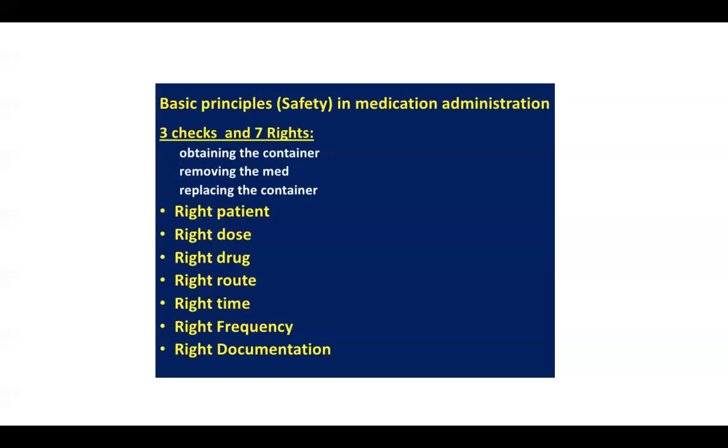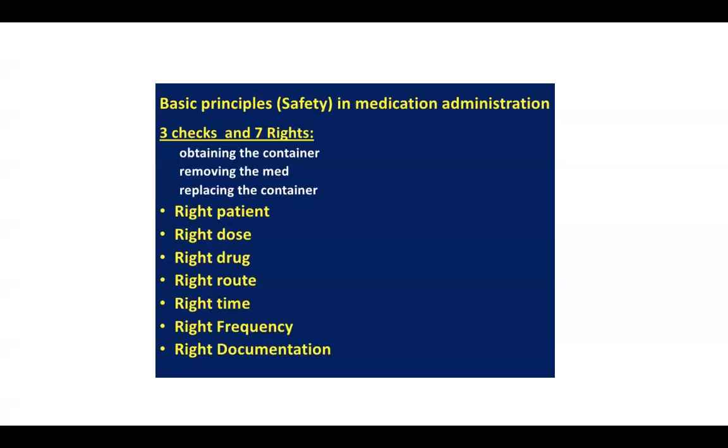Then you're going to check again as you're actually removing the medication from the container. And then you'll finally check one last time before you replace the container back into your cart. That will help prevent you from accidentally dispensing the wrong medication to the patient.